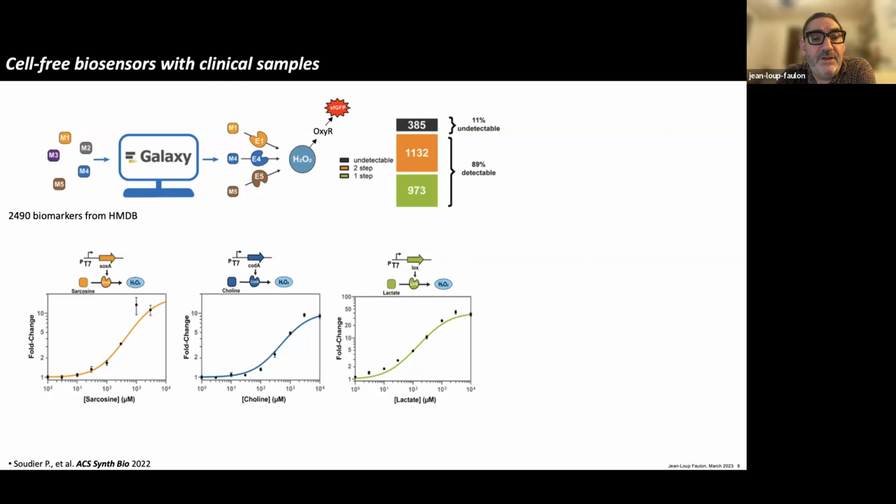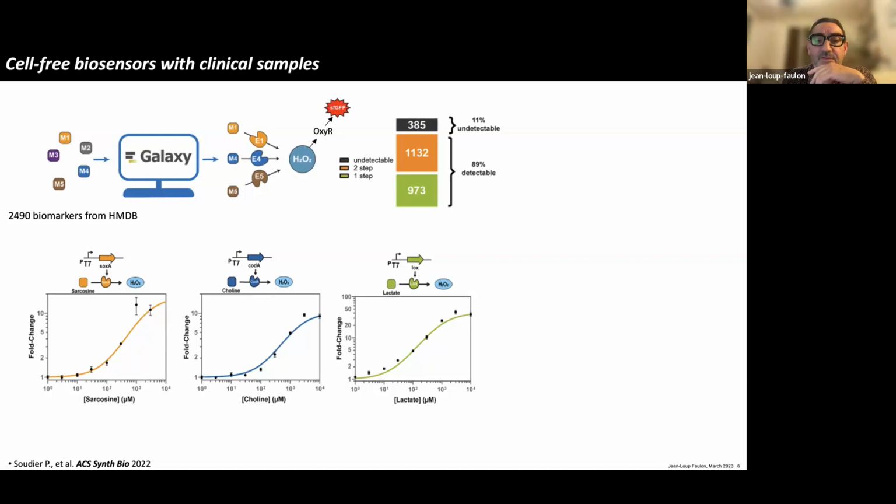And what you see here is an example of detection of biomarkers linked to prostate cancer. We had a grant to work on this. So sarcosine is probably the best known biomarker for prostate cancer, but choline is also another one, and lactate also. Lactate is not specific, but if you combine the three together, you get a more accurate diagnostic of the disease.